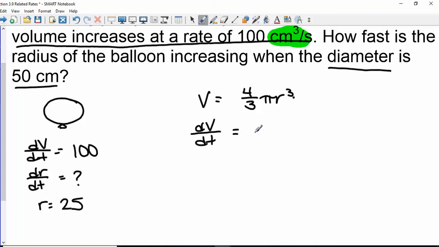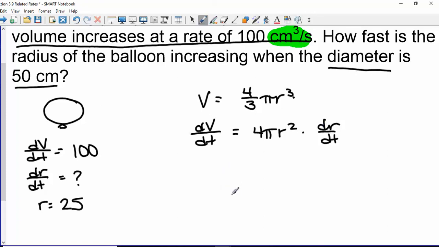Okay, here the 3 comes down, so 4/3 times 3 would be 4 pi r squared. You subtract 1. What would you have to do for the derivative of r? dr/dt. We're doing that implicit differentiation. We're doing our derivative with respect to time, so any other variable gets d something dt.